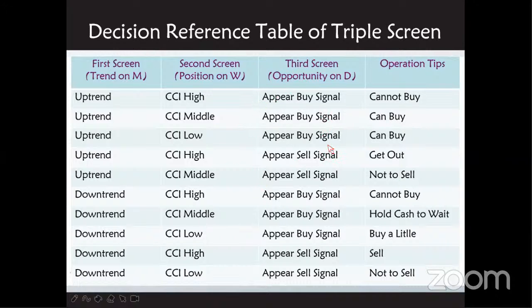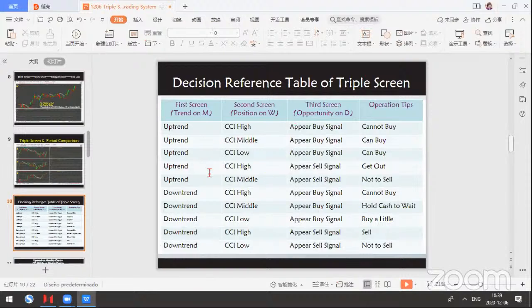So this is a reference table for you to make your decision. For every stock, you can use this table to decide whether it is time to buy, to sell, or that we cannot buy, just hold cash and wait, or can only buy a little bit.